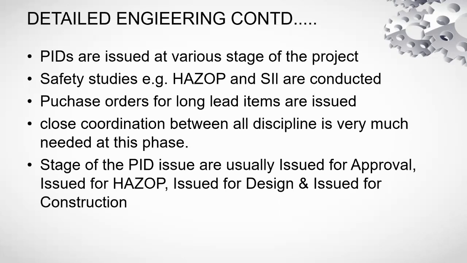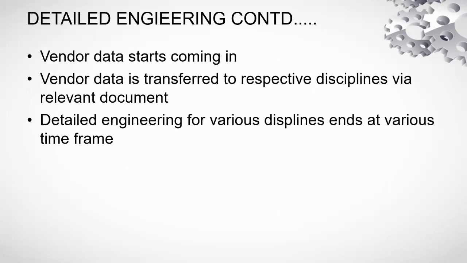So this results in multiple issued for construction stages, like issued for construction 1, 2, or probably I've seen 3 or 4 issued for construction stages of the PNIDs. As I said, vendor data starts coming in around the issued for design stage PNIDs. This data is transferred to respective disciplines via relevant documents, for example, again, PNID and other interdisciplinary deliverables.